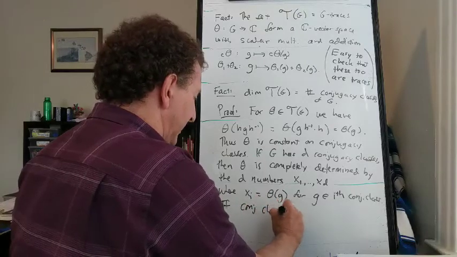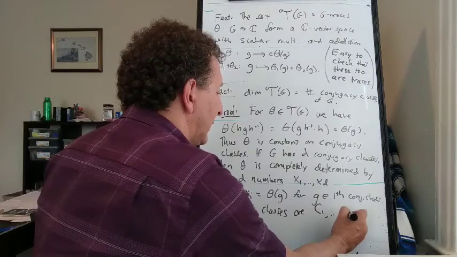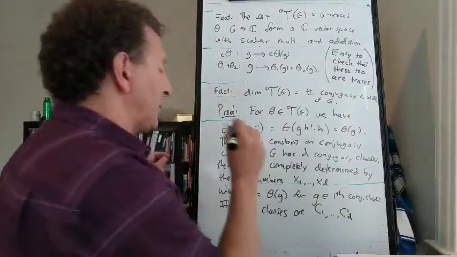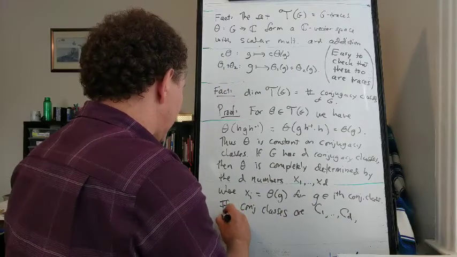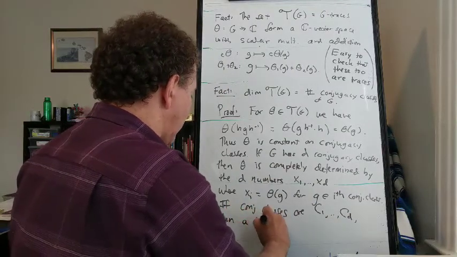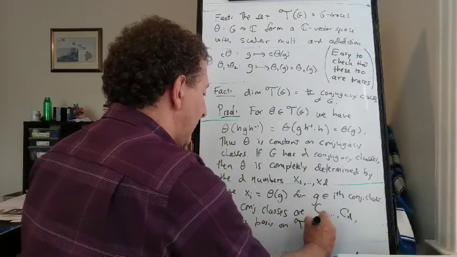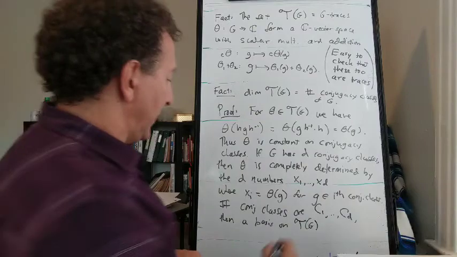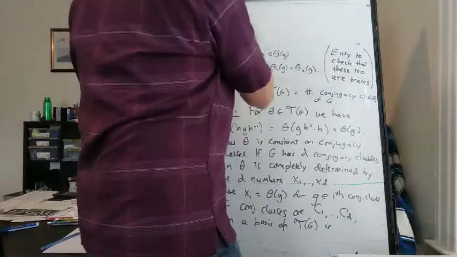Let's give a name to the conjugacy classes. If there are, let's say, capital C1 through capital CD, then a basis of the trace space is we could look at the functions that evaluate to 1 on each conjugacy class and 0 on the other ones.